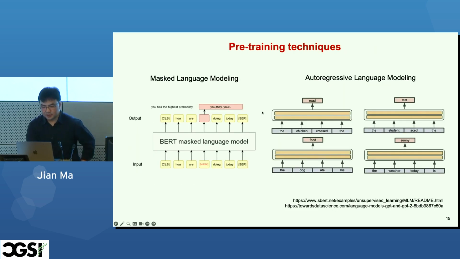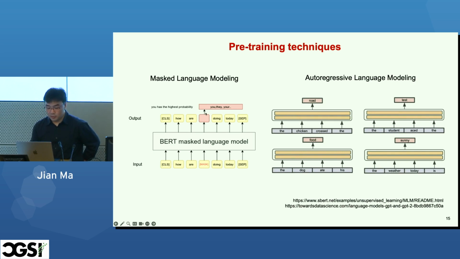Now here's the cartoon that I mentioned for the pre-training class. For the BERT style masked language model, you mask the word and then try to predict the probability of this word. This is your input, and during pre-training you mask this word, and then you train a model to predict the probability of a certain word showing up.